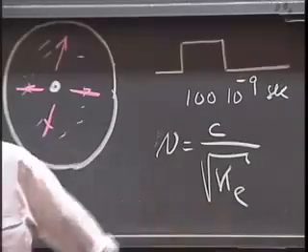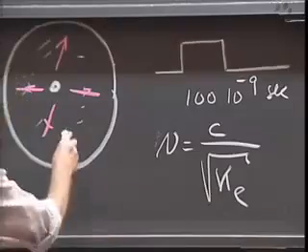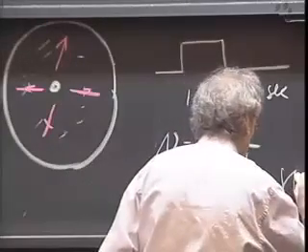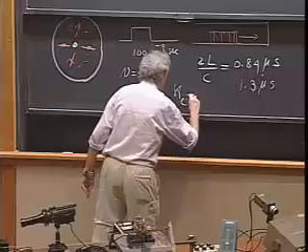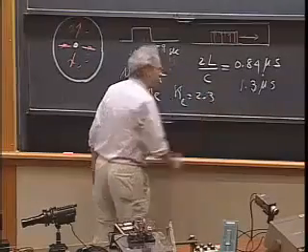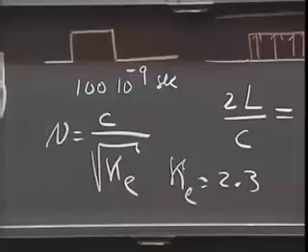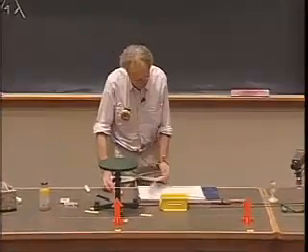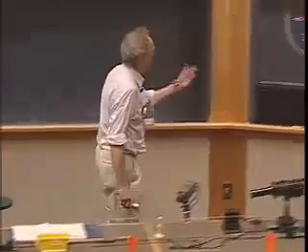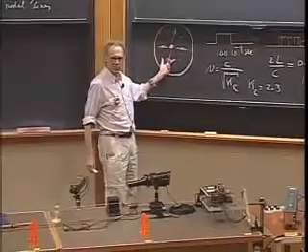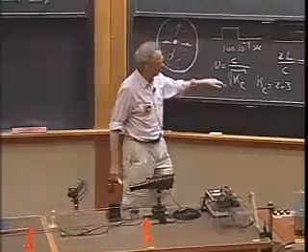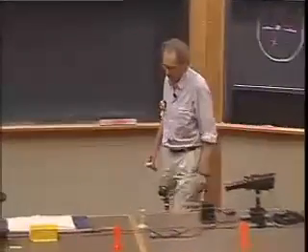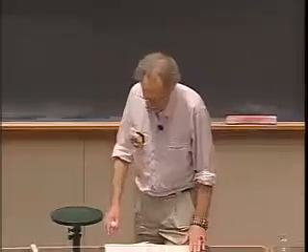Well, when I looked up the dielectric constant of the material that is in here, I found that the dielectric constant kappa_E is about 2.3. And if you calculate 1 divided by the square root of 2.3, that happens to be 0.65. And so that's why the speed is 65% of the speed of light. So you see also the effect of the dielectric constant here, which is quite wonderful. Remember, the square root of kappa_E was also called the index of refraction.